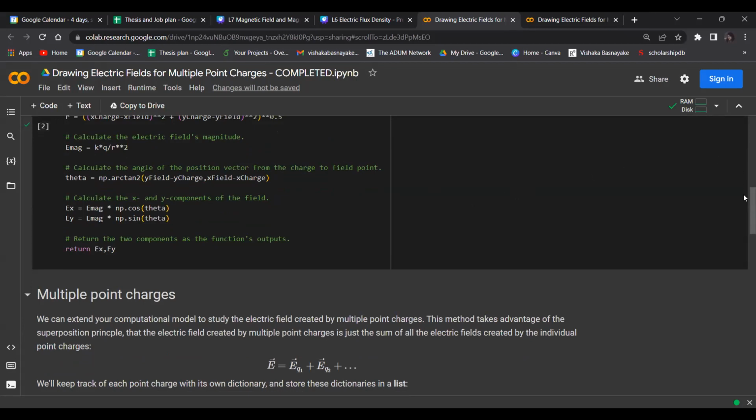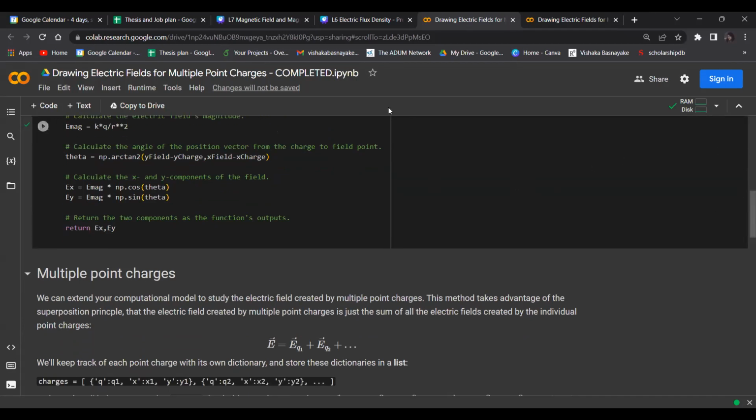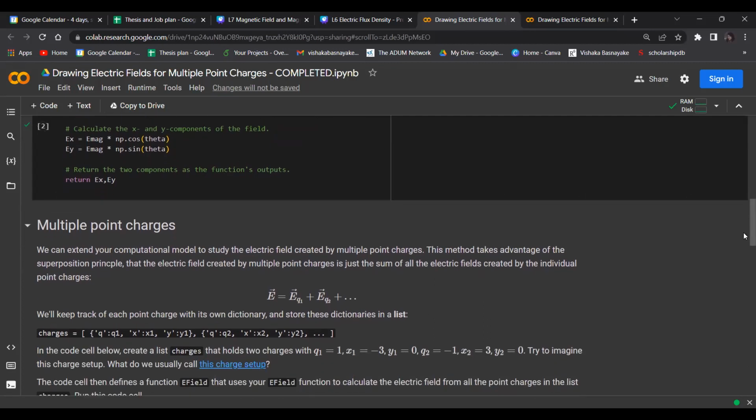And the electric field magnitude and electric field direction can be determined using this angle theta. After that, the components along x and y directions can be defined using Ex and Ey parameters.